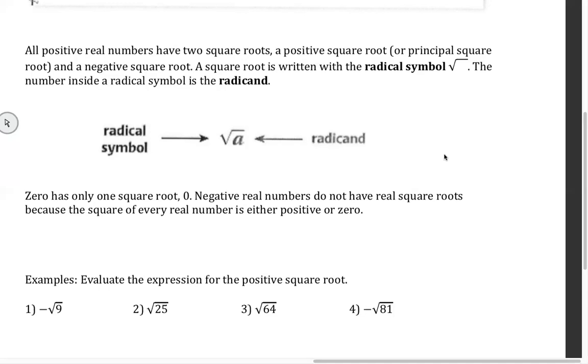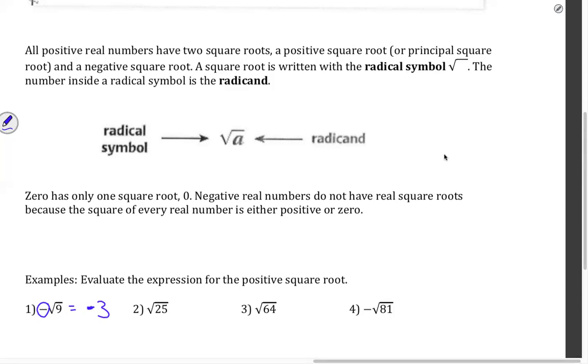So for example, in number 1 down here says I want the negative square root. So I look back at my list and I say, the square root of 9, where was that in that red column? And then I trace it over to the green column and I see that the square root of 9 was 3. Now the negative outside right here tells me that I want the negative version of that.